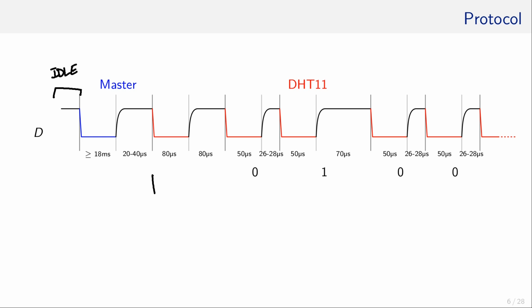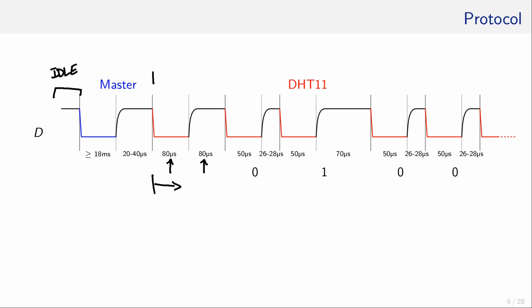Now there is a switch in the direction of communication, and from now onwards the DHT reports the temperature and humidity. The DHT pulls down the wire for 80 microseconds and lets it recharge for another 80 microseconds. Hence, the master knows that there is a temperature sensor present.